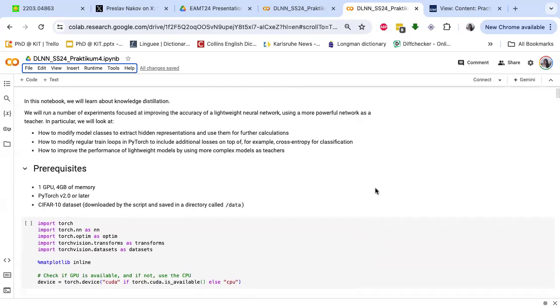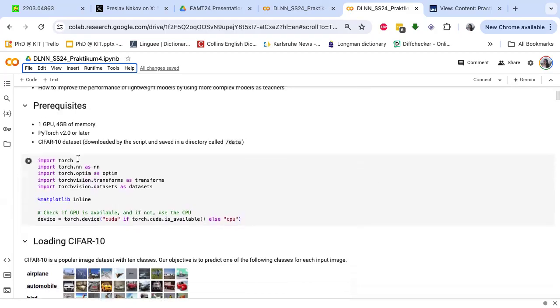In particular, today we will look at how to modify the model classes to extract the hidden representation in order to use that for the teacher-student learning process, how to modify the regular training loop in PyTorch in order to include the additional distill loss on top, and how to improve the performance of some lightweight model using a more complex model as a teacher.